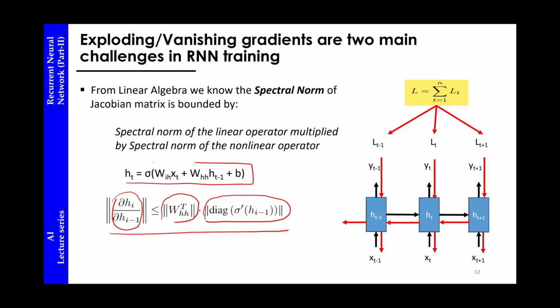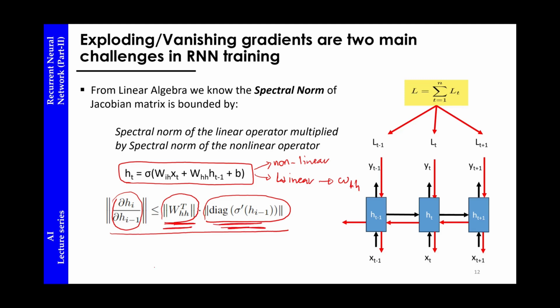If we show the hidden state by this function, the nonlinear part will be the activation function, and the linear part will be the recurrent weight matrix.